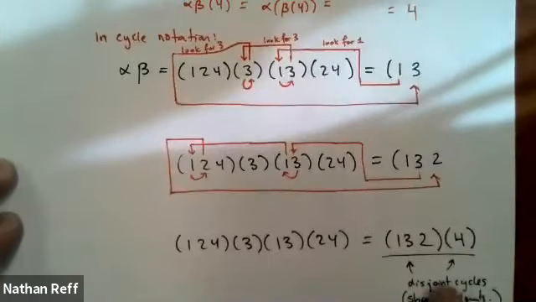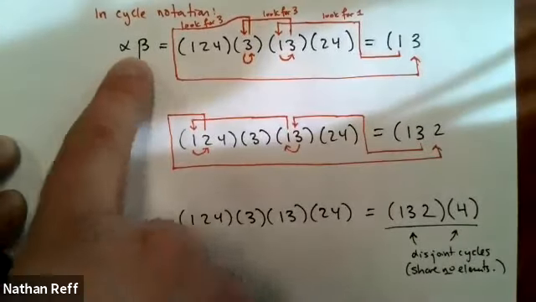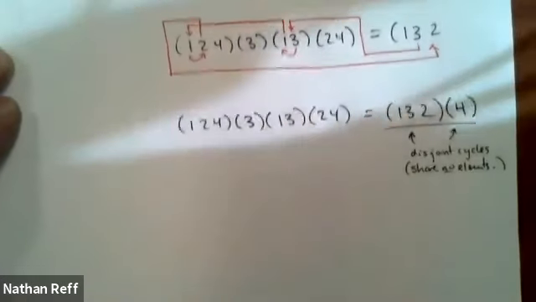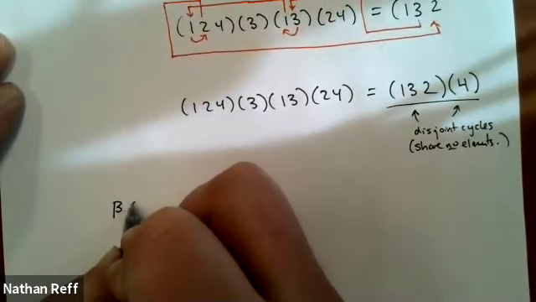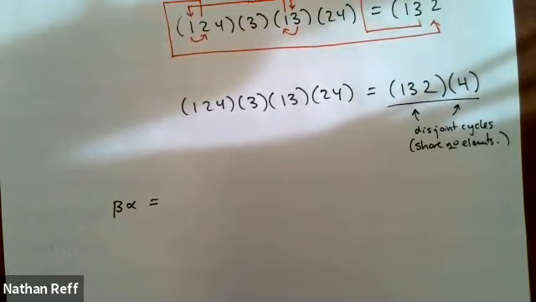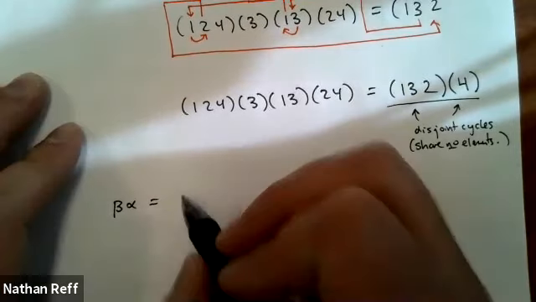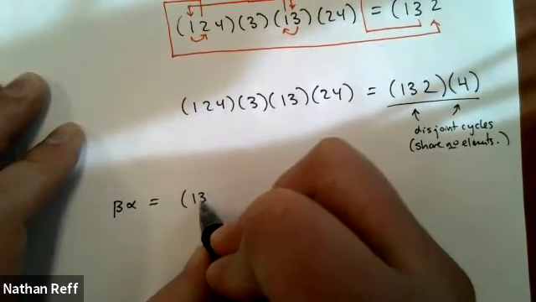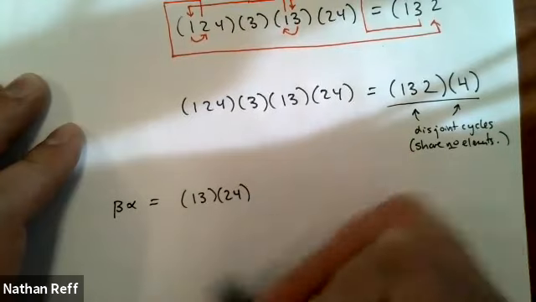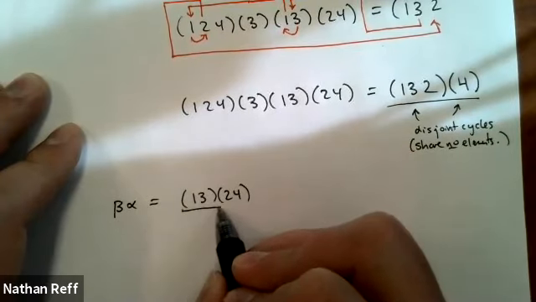Now, one thing that we should take a look at is this is alpha times beta. Let's see what happens if we compute beta times alpha. I think it'd be a good idea to look at that. And it won't be the same. This group will actually be another example of a non-abelian group. So this right here is beta, right?